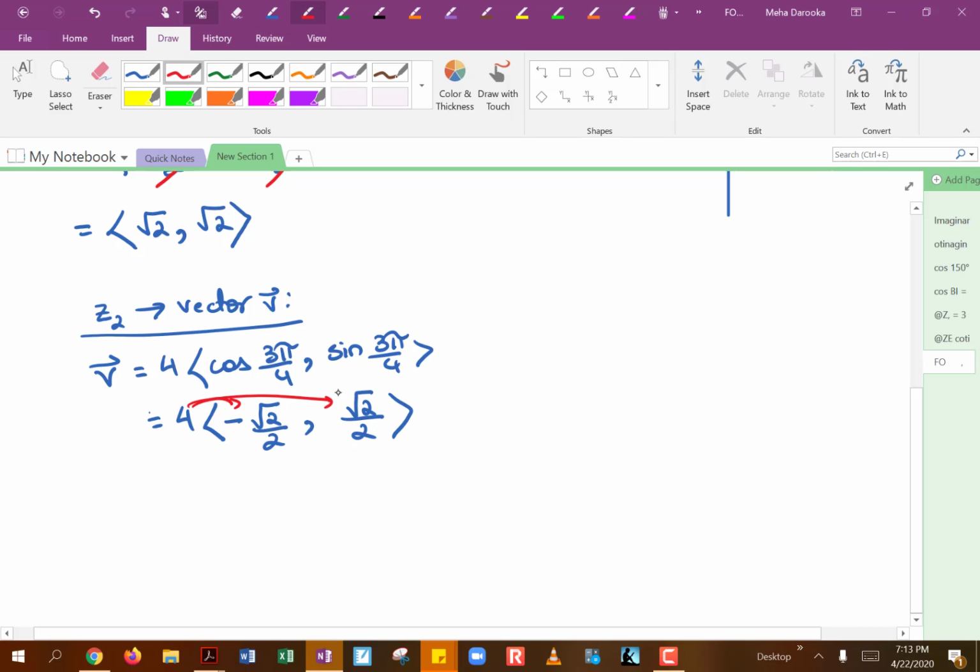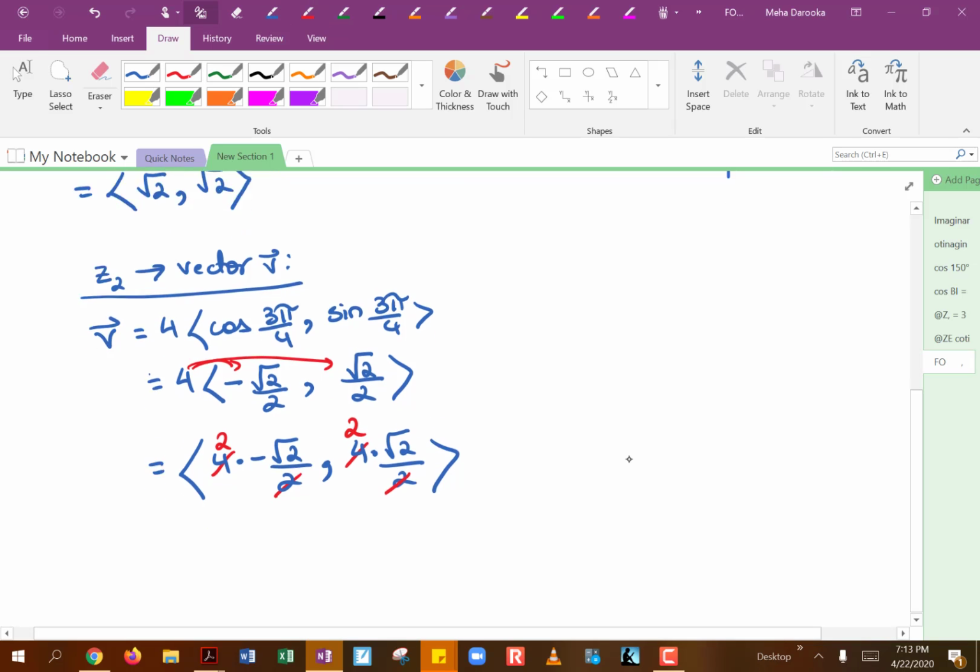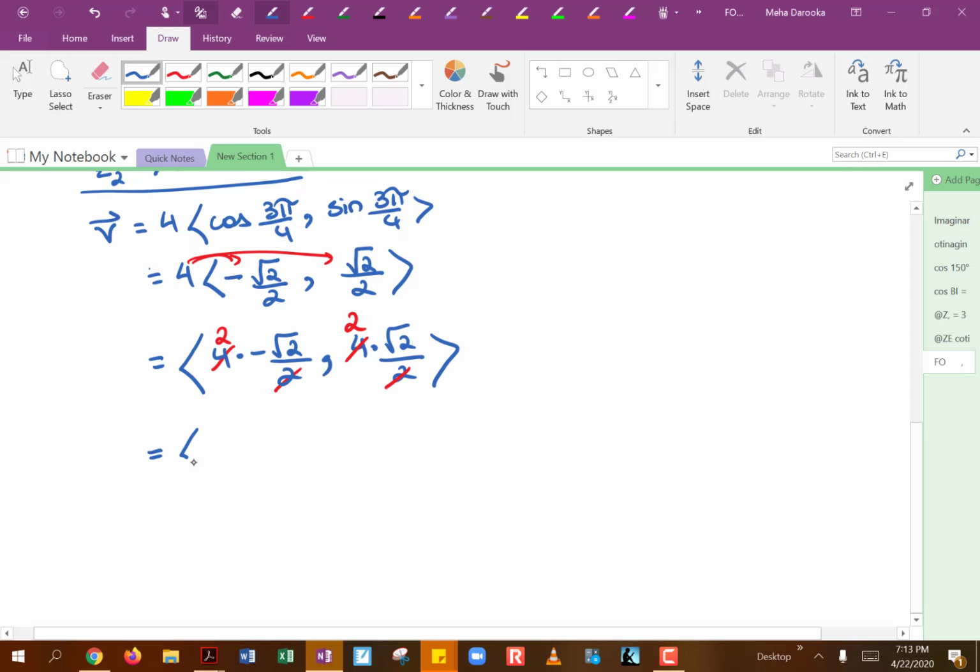Distribute that 4 inside these brackets, and we end up with 4 times negative square root of 2 over 2 and 4 times positive square root of 2 over 2. 2 will go into 4 2 times. Same thing over here. So when we clean this up, you should get negative 2 square root of 2, and this will be positive 2 square root of 2.